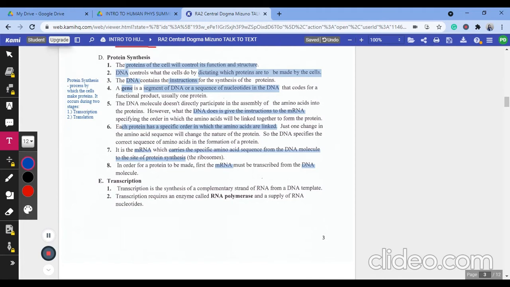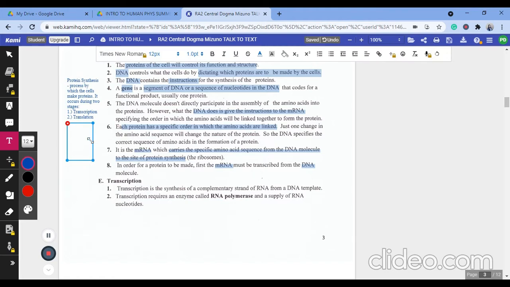So overall, I think I understand what protein synthesis is. I basically highlighted all of the key information that I need to know about protein synthesis. So, why is protein synthesis important?